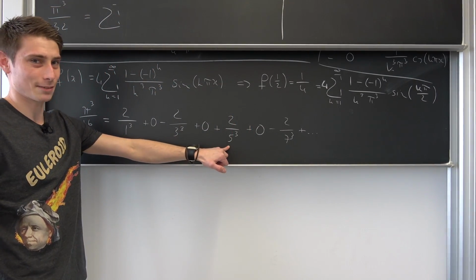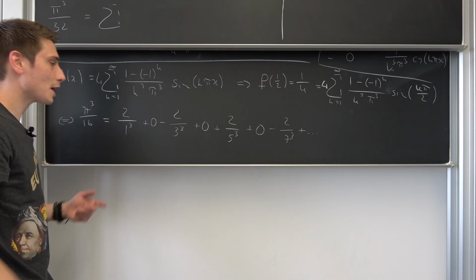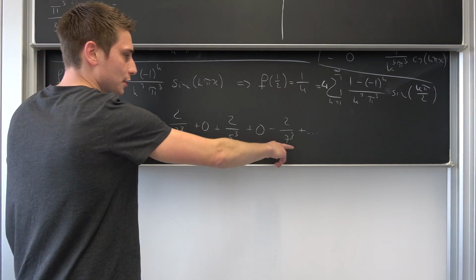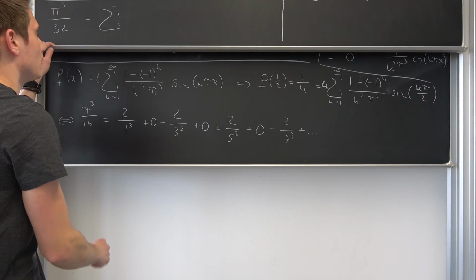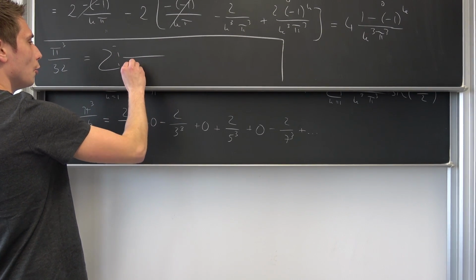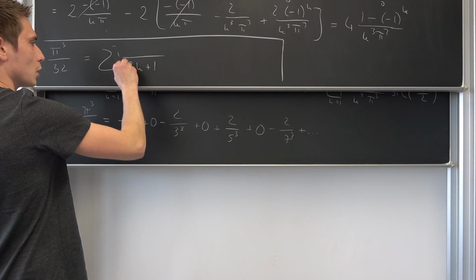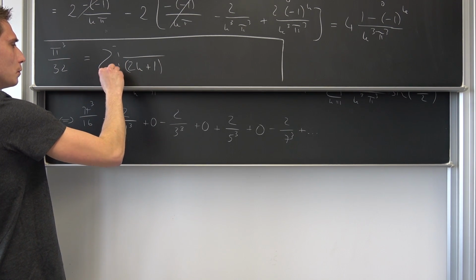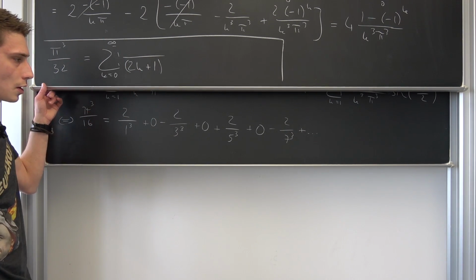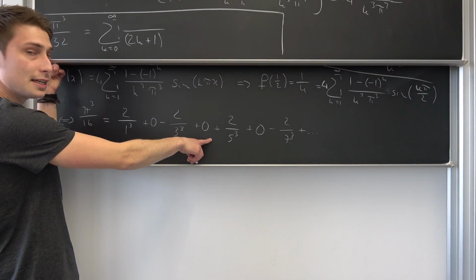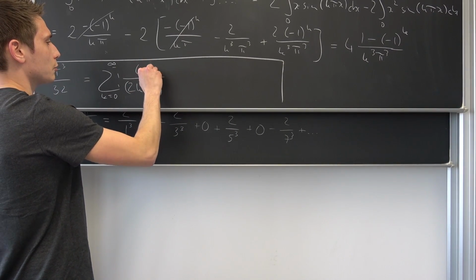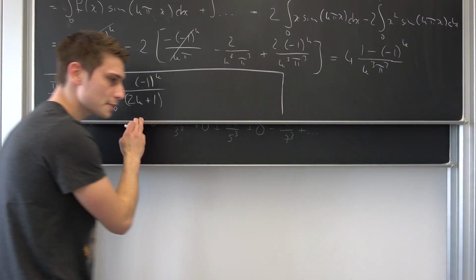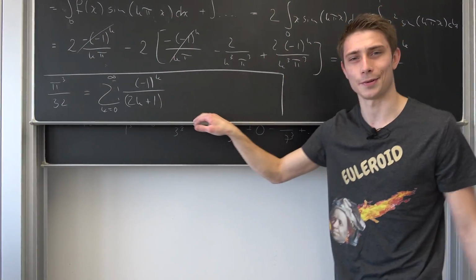What I want to get at is that we have only odd integers down here. Okay, so we have something over (2k plus 1) cubed. We want to start at 1, meaning our k can run from 0 up to infinity, so I hope that's clear. And also up here it's alternating, (-1) to the kth power. And this is it. Yeah, we are done.